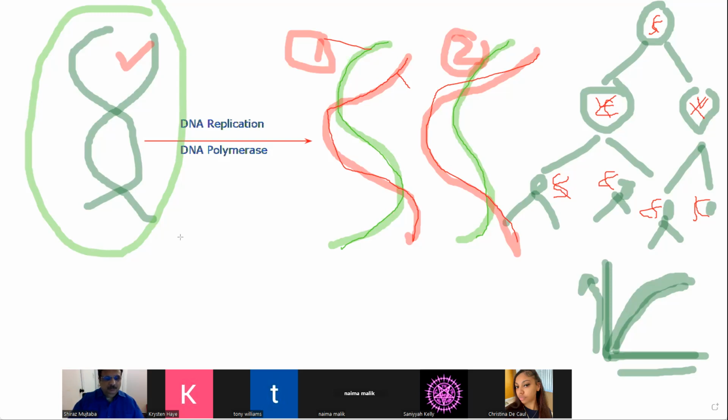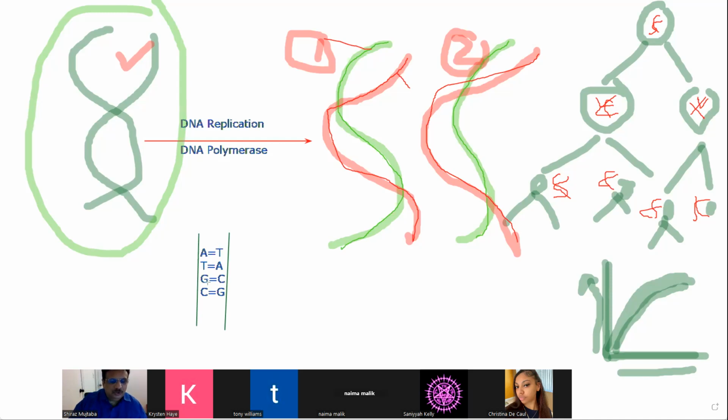Let's take an example. So let's say this is the parent DNA, double-stranded. And you know that these two strands are connected by a double bond with A and T, T with A, G with triple bond with C, and C with triple bond with G. So let me just draw.